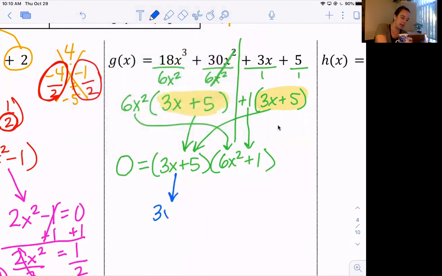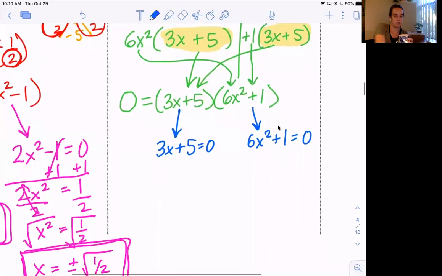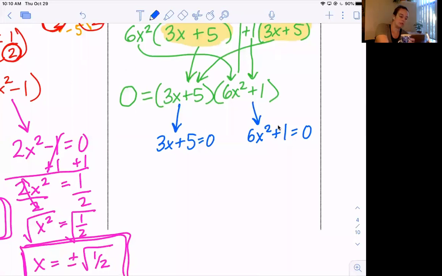So we would have 3x plus 5 equals 0. You can go ahead and solve that one on your own. And we have 6x squared plus 1 equals 0. You can solve that one as well. So subtracting 5 on both sides, I get 3x equals negative 5.